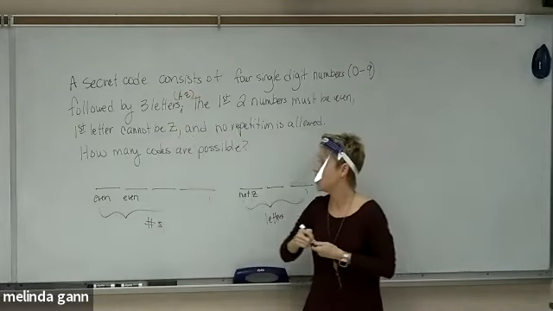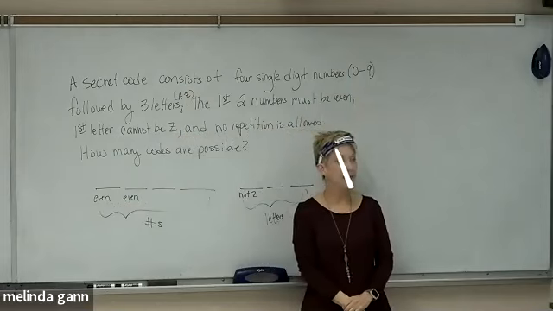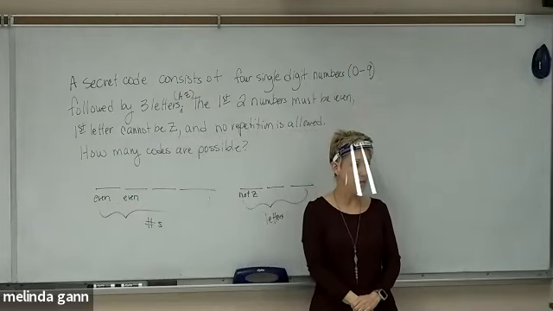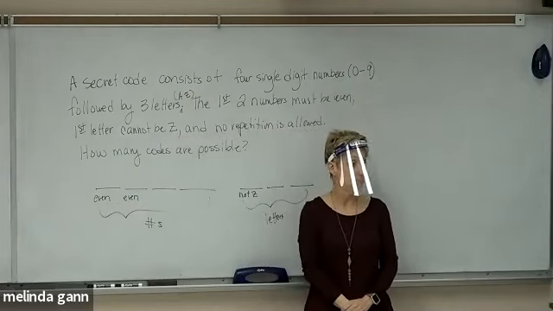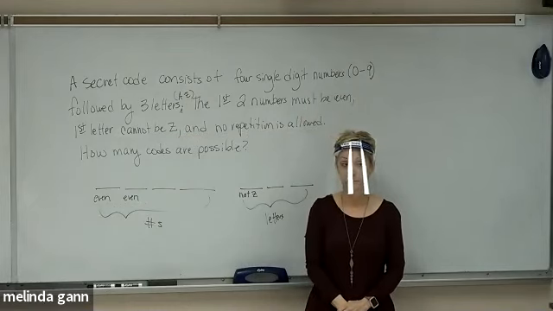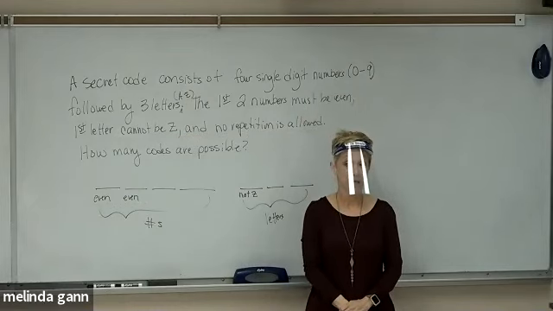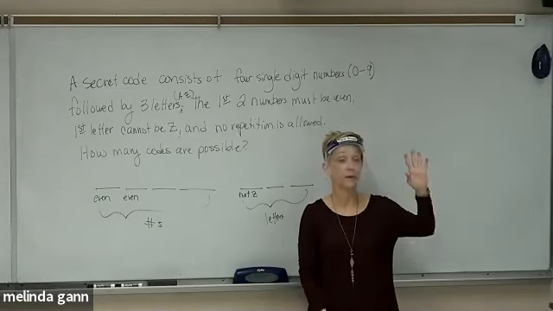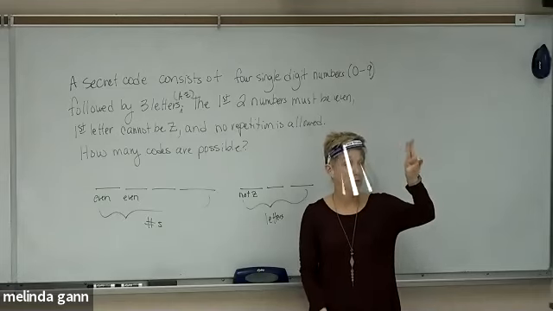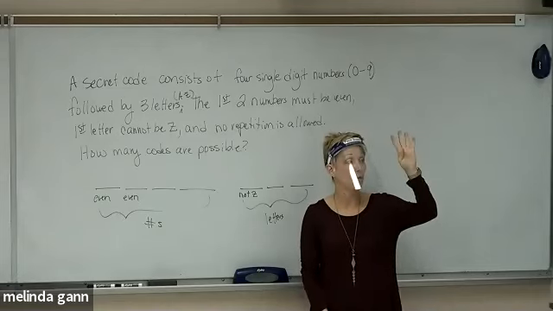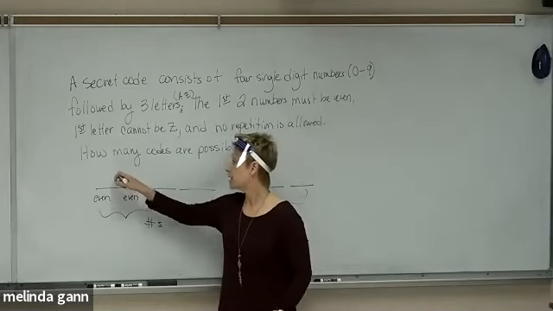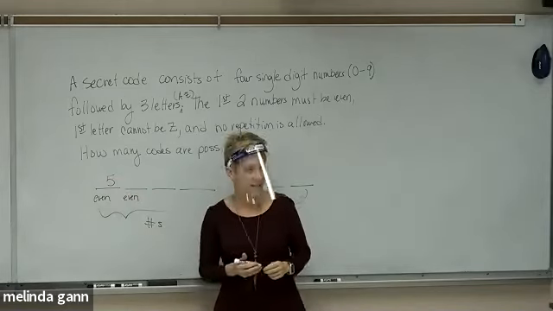All right, so when you go pick this first number, it's got to be even. How many choices do you have? Think about it for a second. 5. Why 5? Because you can pick 0, 2, 4, 6, or 8. Now, don't say, well, 5's not even. I'm not saying 5 is even.